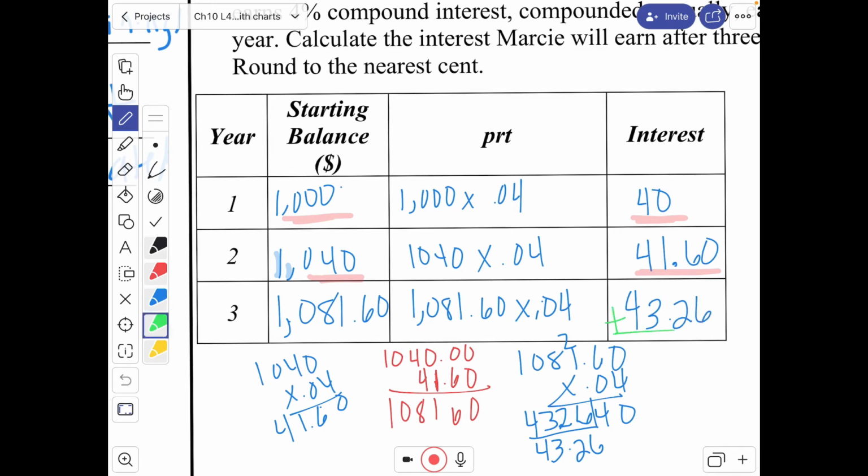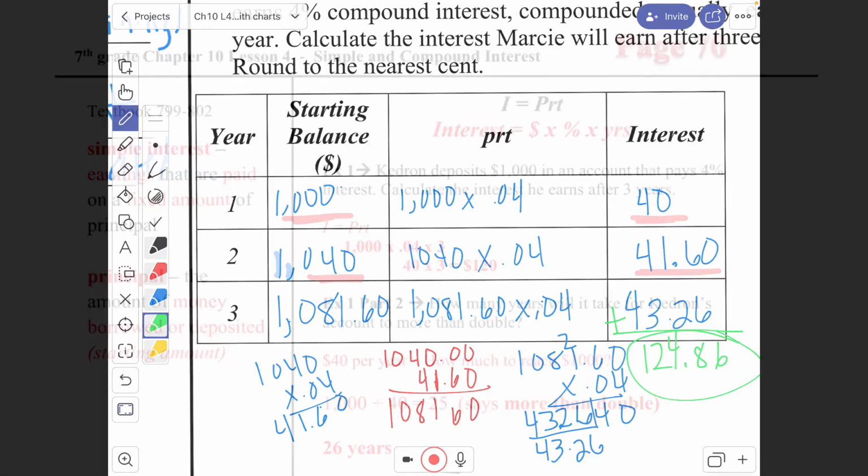So to figure out the total interest for Marcy, we'd have to add up this last column here, and we would get $124.86. So she gets a little bit more than Kedron got in the first one when he only had simple interest. So compound interest gets you a little bit more each time.